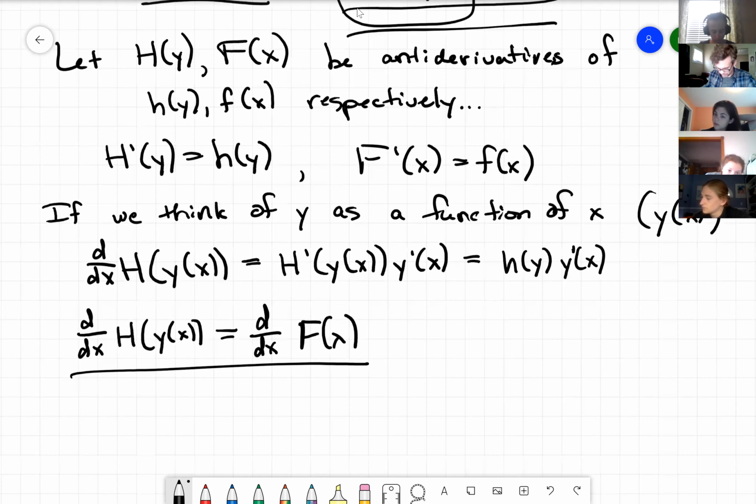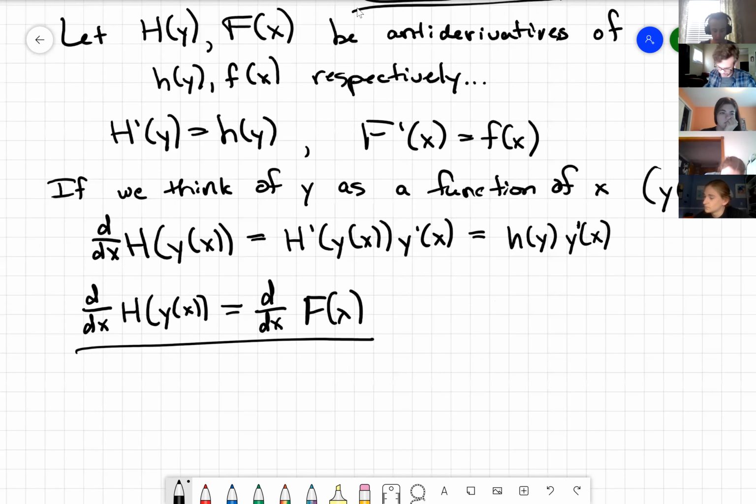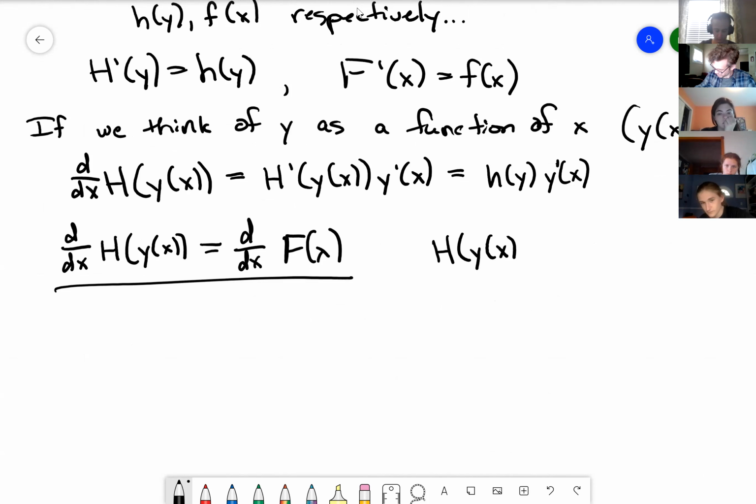And by the fundamental theorem of calculus, or by integrating both sides, we get h of y of x is equal to F of x plus some constant. All the primes are gone. We just have y, the function y, buried somewhere inside the function h.